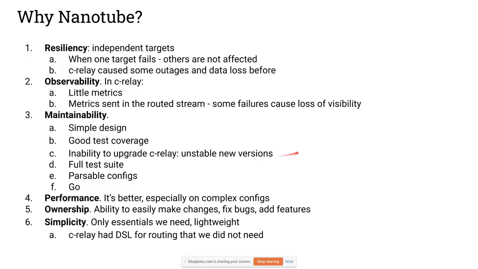And the project is in C. It so happens that our team has a lot of experience in Go, so that's why we moved to Go. Another thing is performance. So it's better. So the obvious question is, how is it better if you move from the lower level language to the higher level language? I'll talk about this slightly more in next slides.